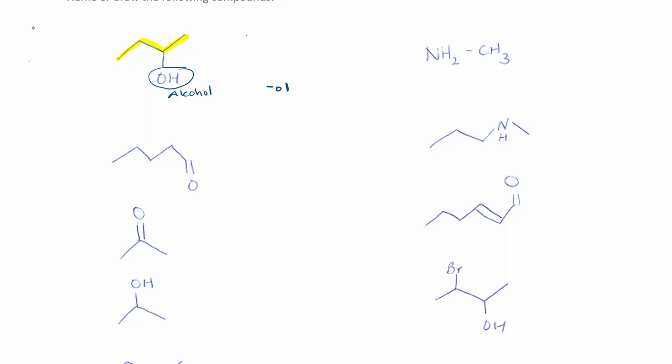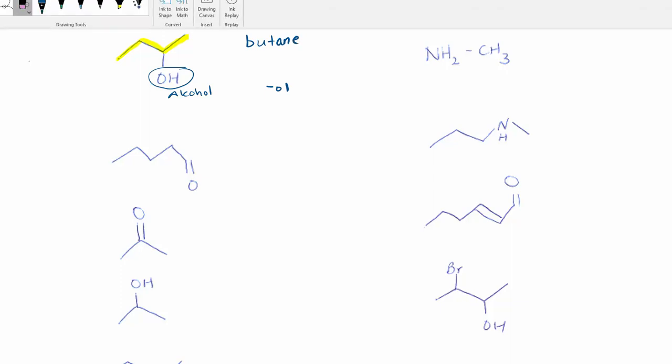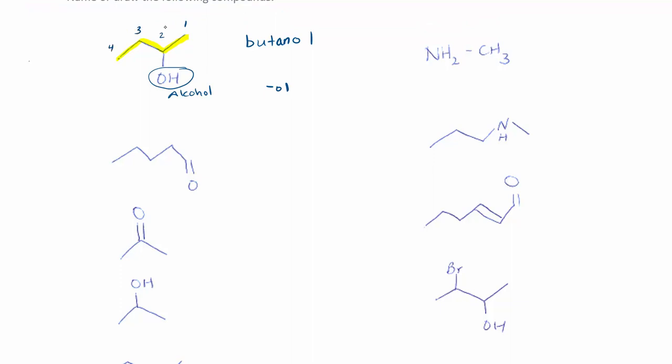So we name the longest carbon chain as if it is a hydrocarbon. Then what we're going to do is take the E off and add OL. So this is butanol. But we can't just call it butanol. We have to say where that OH group is. So this is 2-butanol.